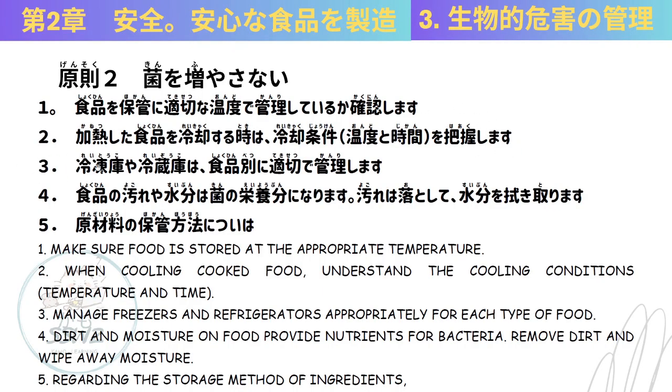The third thing we need to know is 冷凍庫や冷蔵庫は食品別数適切で管理します。So we manage the freezer and refrigerator appropriately for each type of food. 冷凍庫は like about around 5 degree, right?